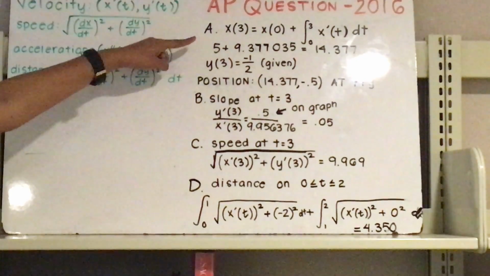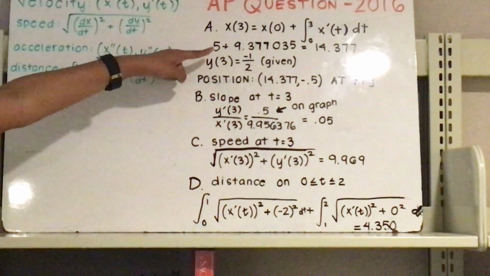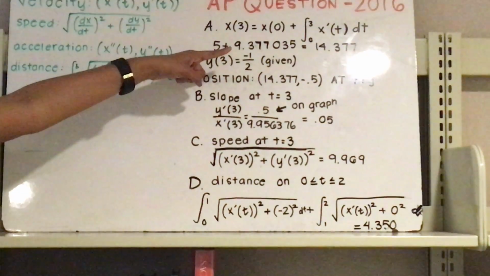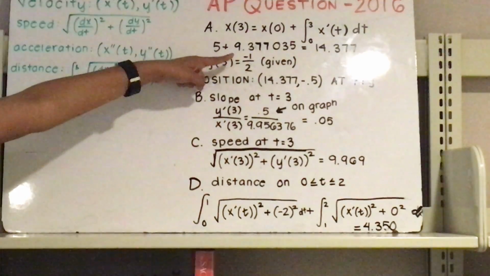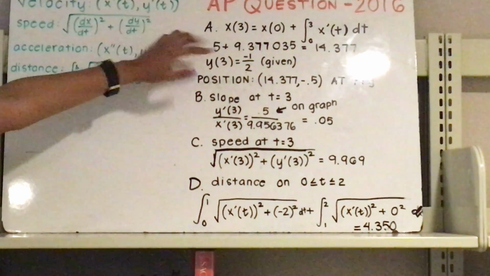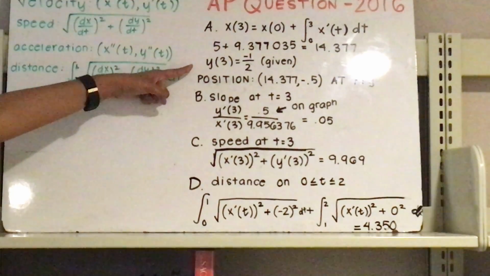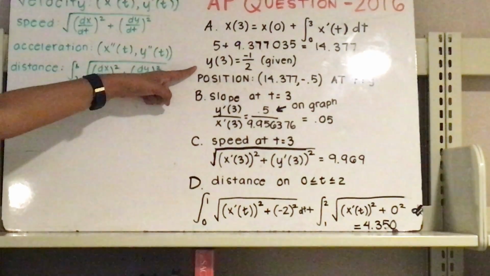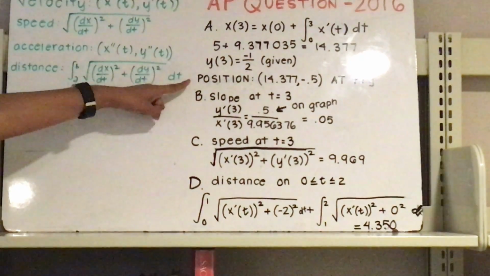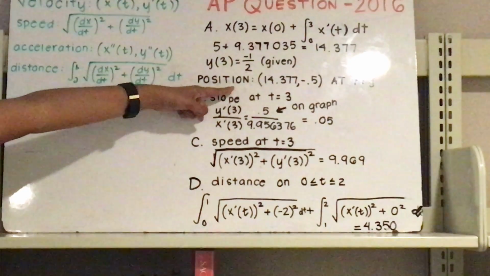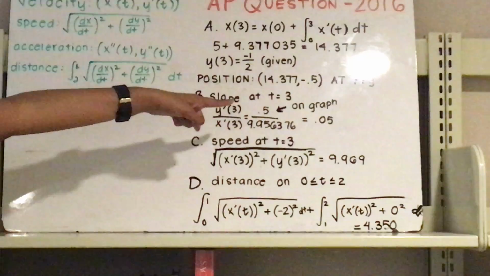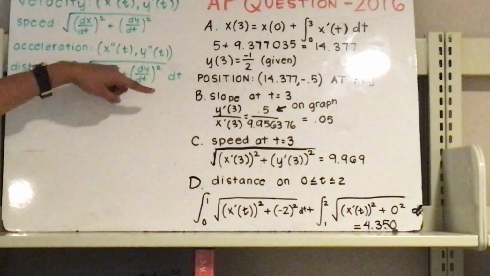They gave you x of 0 equals 5, so you have 5 plus, on a calculator, this with the given equation on the paper, and that'll give you 14.377 if you add that all together. y of 3 is negative 1/2, and that was given in the graph. So the position coordinates would be 14.377, comma, negative 0.5 at t equals 3.